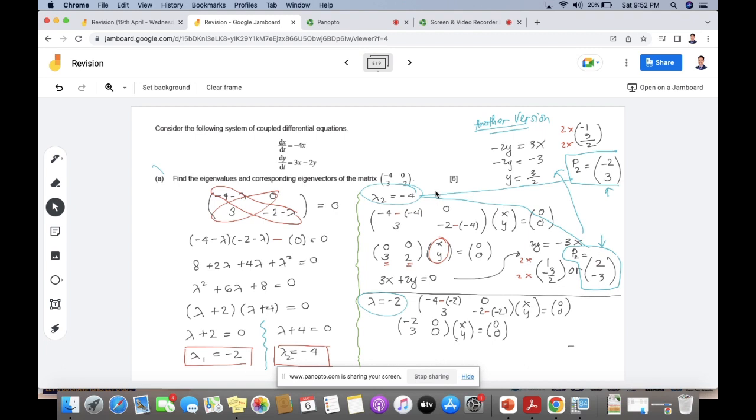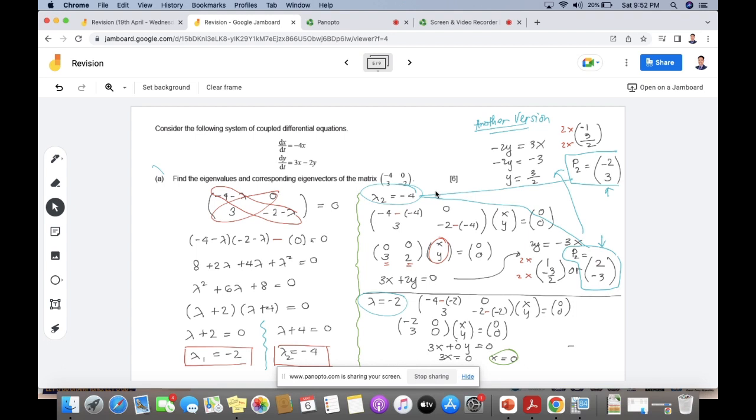So this now becomes 3x plus 0y is equal to 0. Or I can write this as 3x equal to 0. Therefore, x here is 0. Okay. So even if I use the one on top, negative 2x plus 0y is equal to 0, still I'll get an x equal to 0.